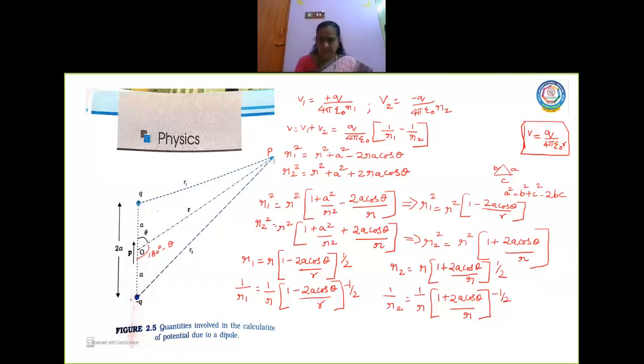Okay. Now once again I am going to simplify this equation using binomial theorem. Now in binomial theorem I will neglect all the other terms. I will restrict to only the first term of the binomial equation.